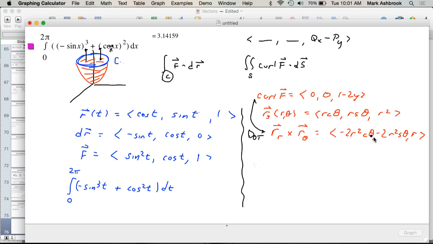The first two components, 0 and 0, just go away, so really the dot product just becomes the product of the z's. 1 minus 2y is 1 minus 2 r sine theta, times r.